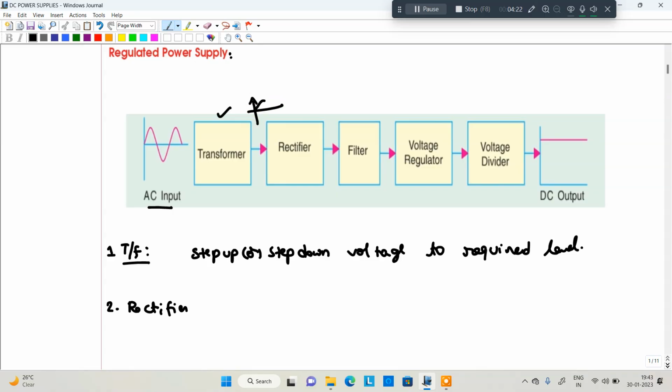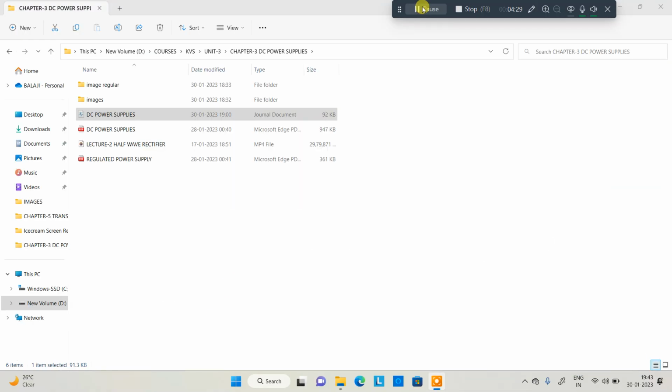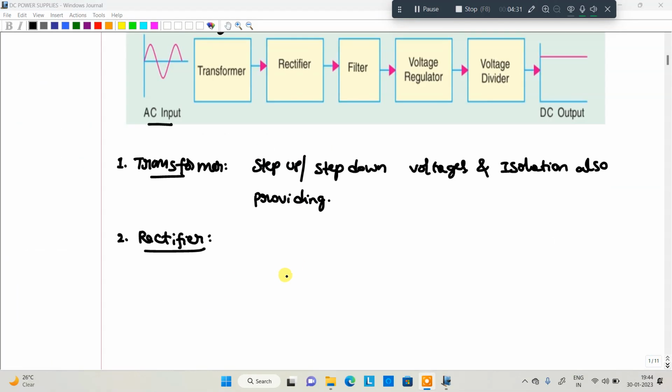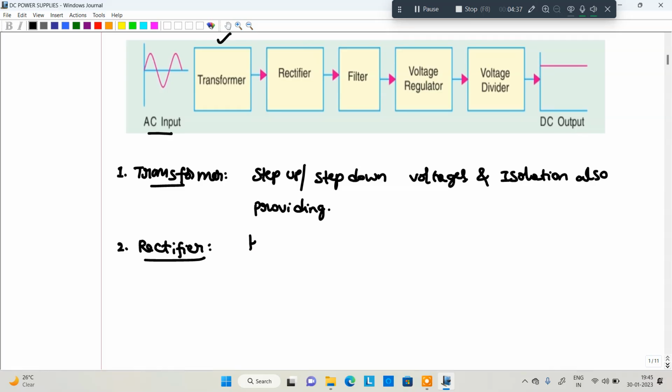AC supply is connected to this rectifier. Second is the rectifier, and we have different types of rectifiers: half wave rectifier and full wave rectifier. In full wave rectifier we have two types, the bridge rectifier and the center tap. We'll discuss these rectifiers in the coming videos.